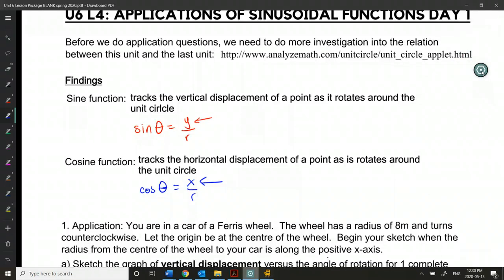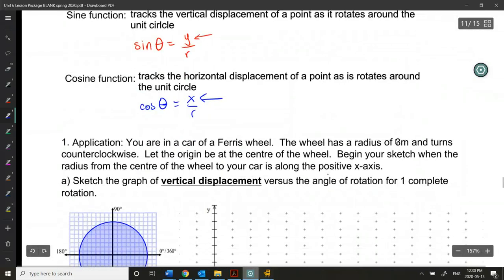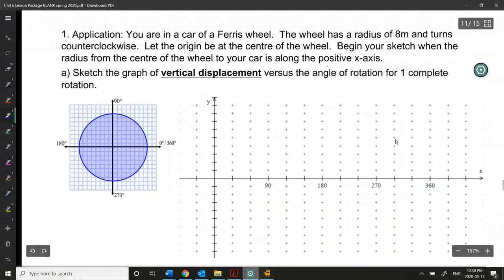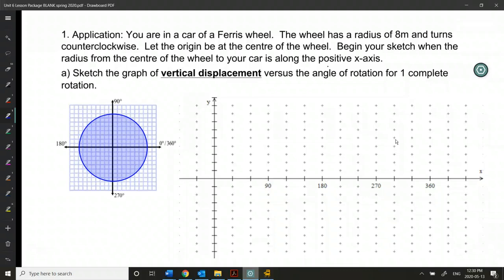Okay, so let's take a look at how we can use these functions in actual sinusoidal function examples of periodic motion. Now, when we talk about periodic motion, I want you to think about anything that has a rotation over a constant speed or a constant rate. Things like this can be a Ferris wheel that rotates at a constant speed, carousels, merry-go-rounds, even clocks.